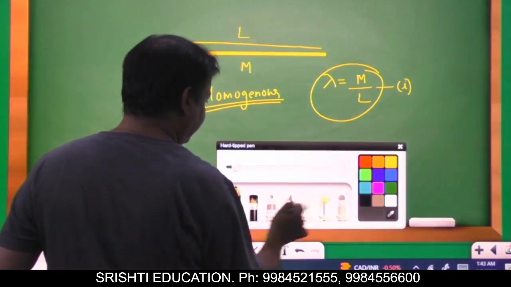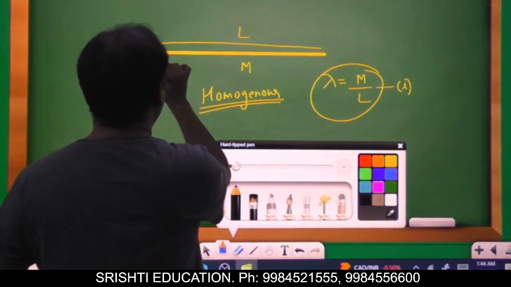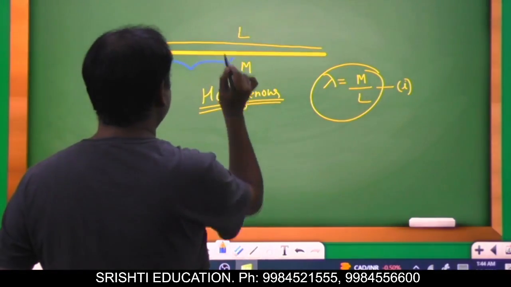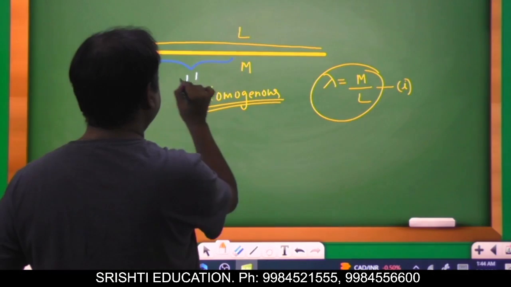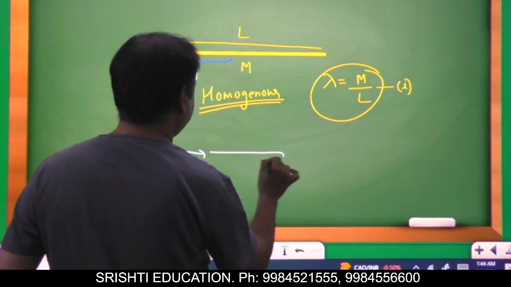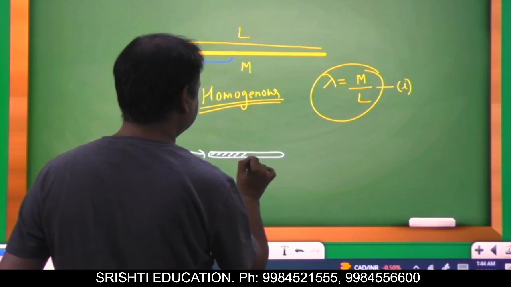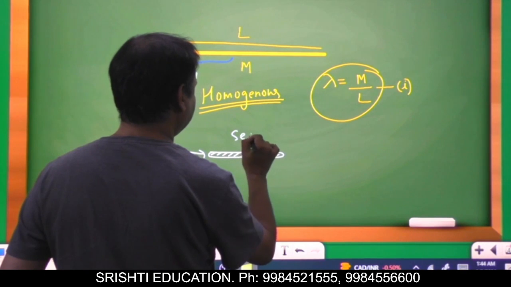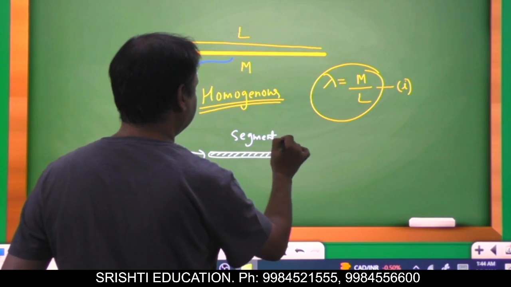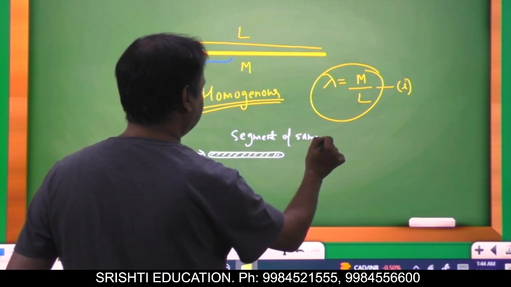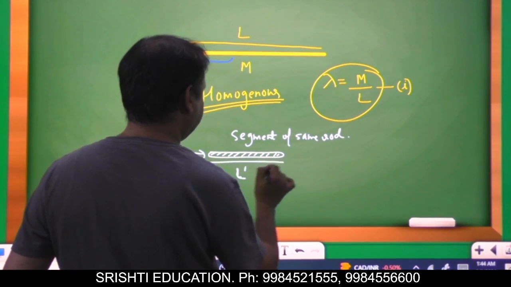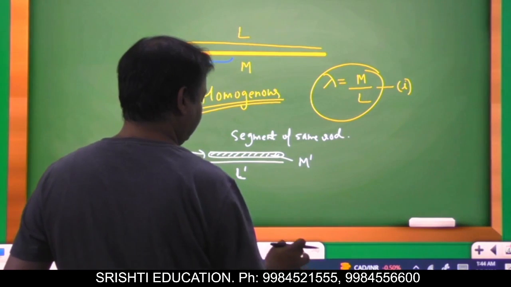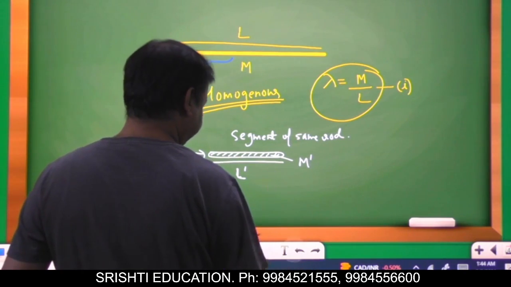Now suppose you are taking some segment of the rod, suppose you are taking this much segment of length L dash. So you got a segment of the same rod, and the length is L dash, and let's say its mass is M dash. Now what will be M dash?